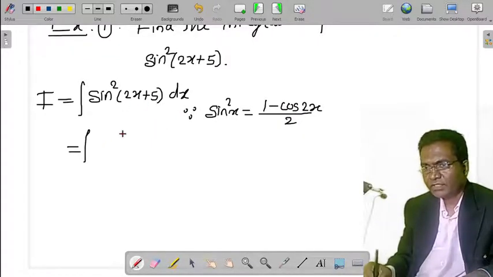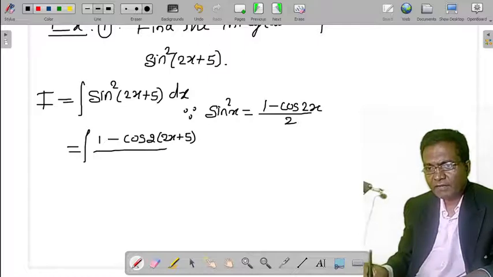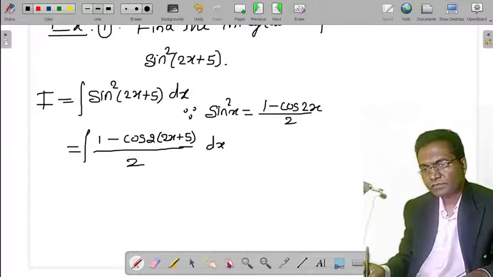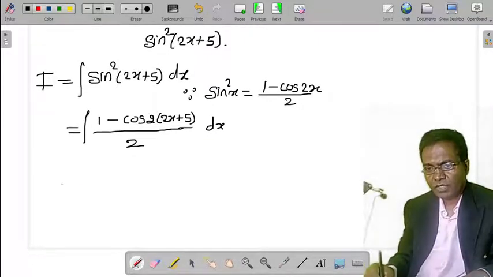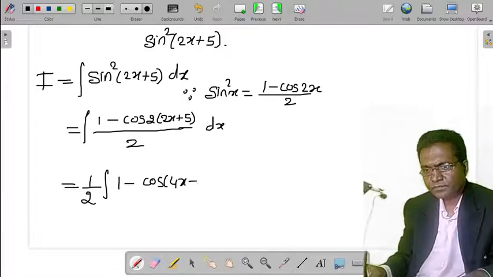So this sine square can be written as 1 minus cos of 2 into 2x plus 5, divided by 2, into dx. 1 by 2 outside, integration of 1 minus cos 2 into 2x plus 5 dx.